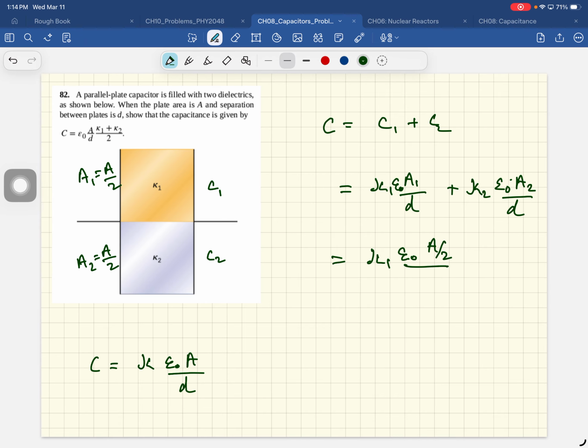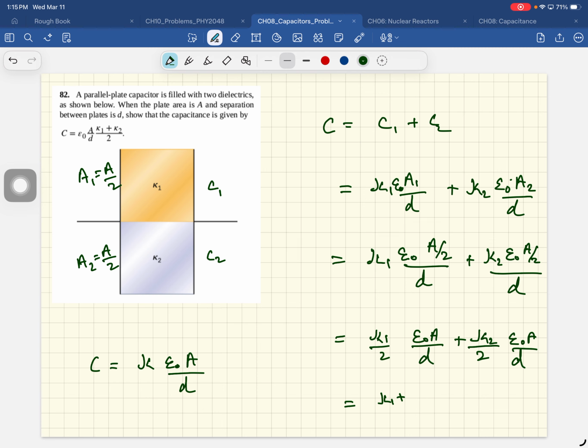A1 is A over 2. Okay, so you get kappa 1 over 2 epsilon naught A over D plus kappa 2 over 2 epsilon naught A over D. Okay, so that's the new capacitance.